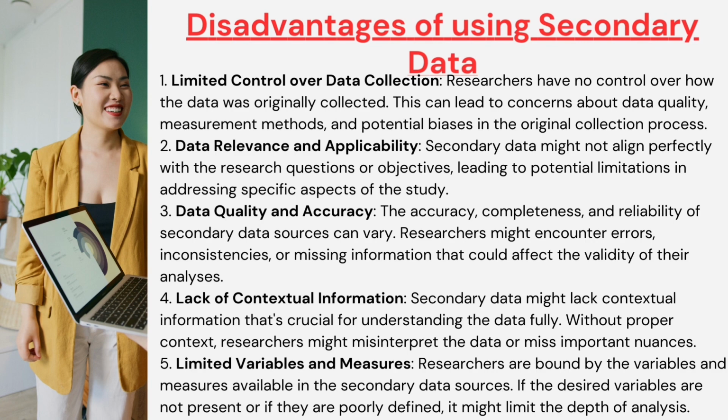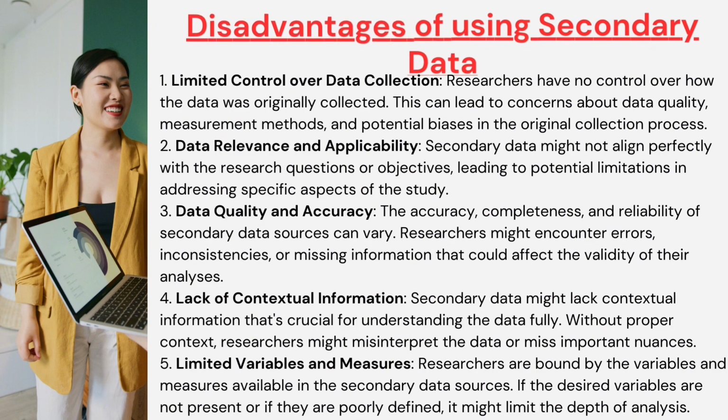Data quality and accuracy. The accuracy, completeness, and reliability of secondary data sources can vary. Researchers might encounter errors, inconsistencies, or missing information that could affect the validity of the analysis. Lack of contextual information. Secondary data might lack contextual information that's crucial for understanding the data fully.